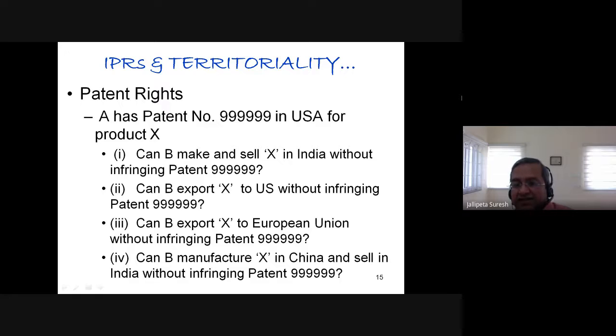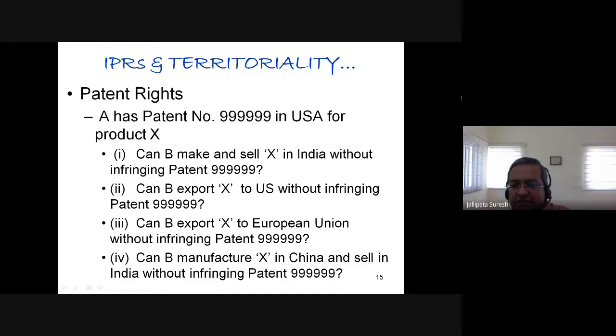Even though the patent is registered in the US, the question here is, can B, a different person, make and sell that particular product which is patented in the US, in India, without infringing the patent? The answer is yes, because patent rights are territorial in nature. That is, if there is a US patent, rights are confined only to the geographical extent of the United States and cannot be extended to a territory, say, India.